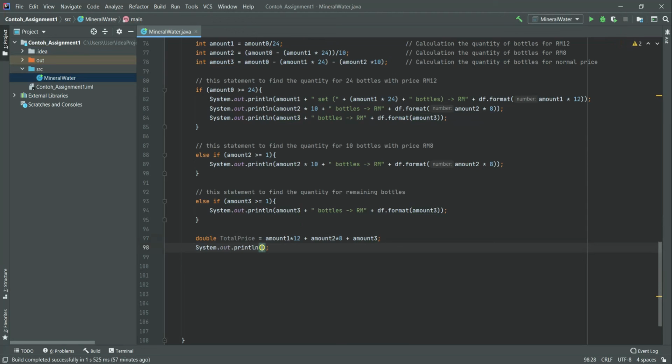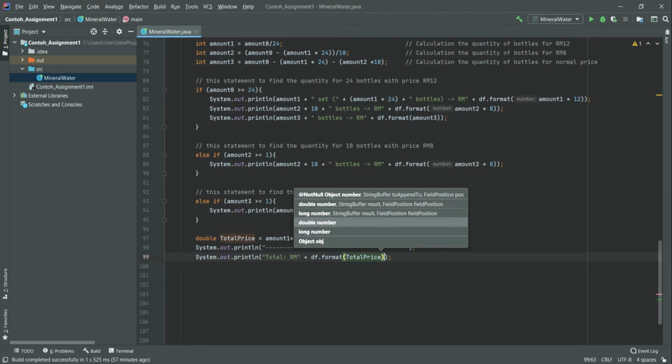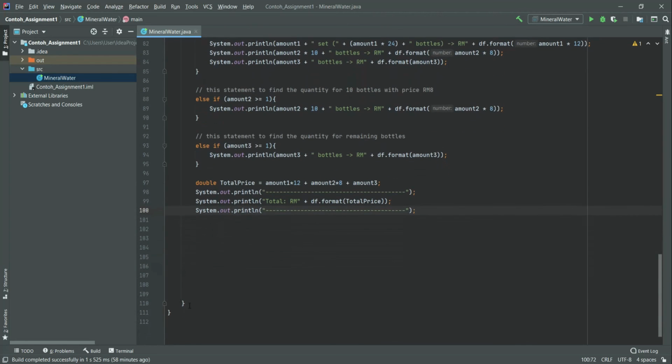Then the system prints the total price with df.format total price for 70. Okay, done for instruction 2.